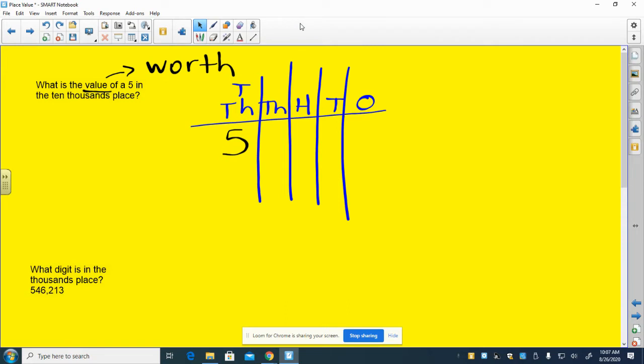But a 5 in the 10,000s place is not just worth 5. Now I've got to figure out what it's worth. I'm going to need placeholders. I'm going to need placeholder zeros. I'm going to put zeros to hold my place all the way to the decimal. And you'll hear that in the video a little bit later, and you'll hear this as we work together. You need placeholders to the decimal. And our decimal is always after the ones place.